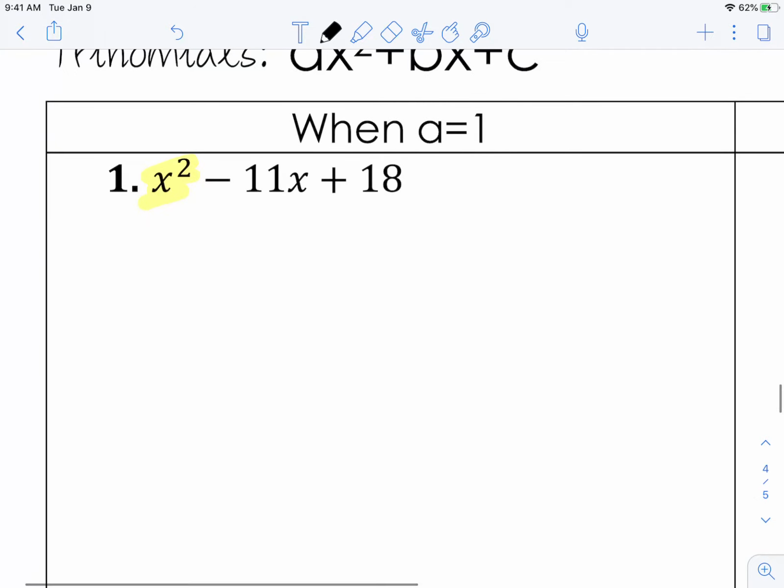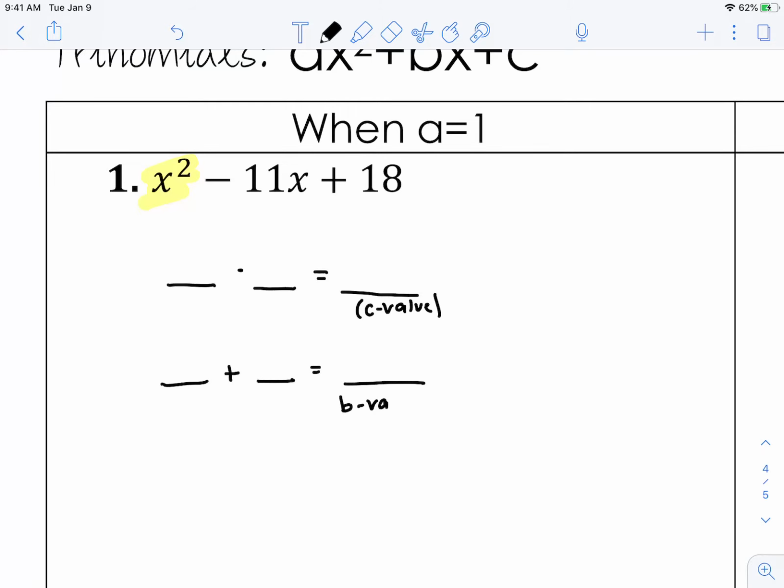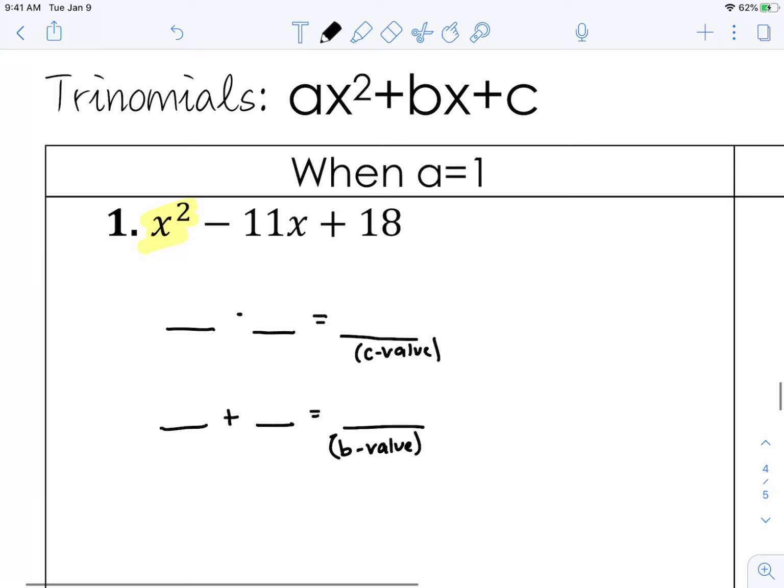Whenever you have no number in front of x squared, you need two numbers that multiply to your c value but will add to your b value. All trinomials have this form: ax squared plus bx plus c.